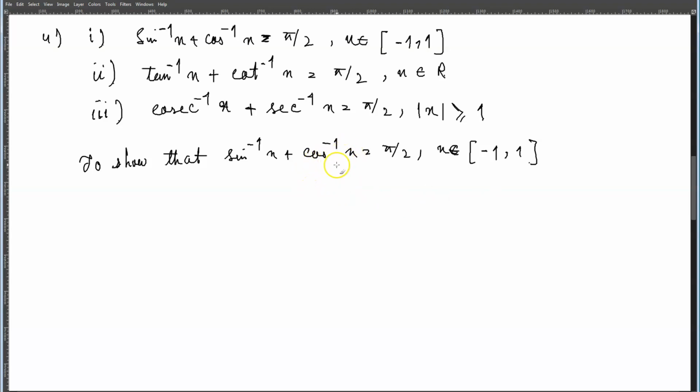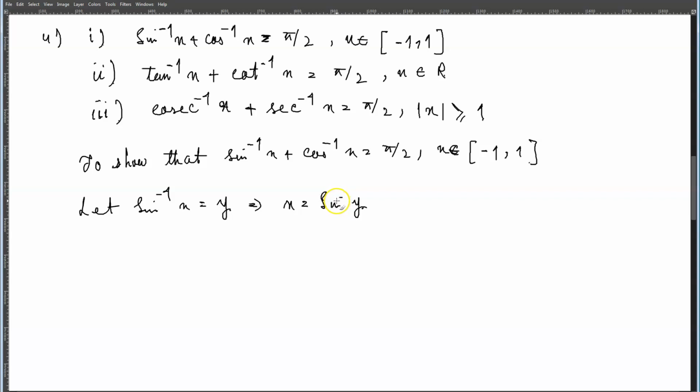You can say, let sine inverse of x be equal to y, which means that x is equal to sine of y.